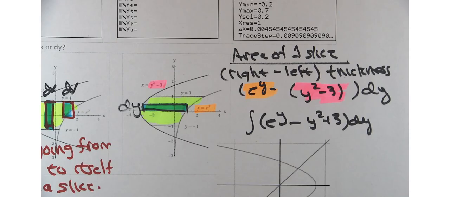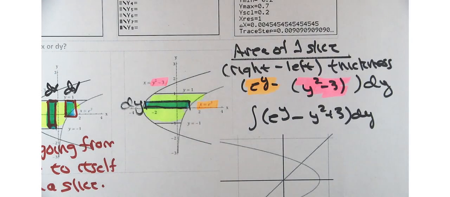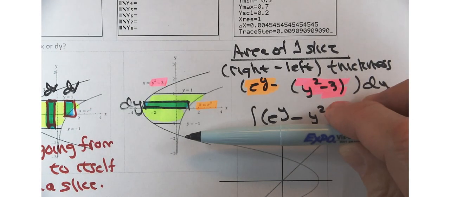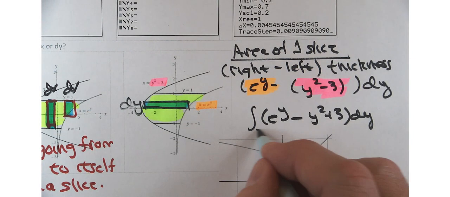Think about where your slice can go. What's the highest? What's the lowest? To still be in the region, negative 1 is the lowest you can go, and the highest would be positive 1.